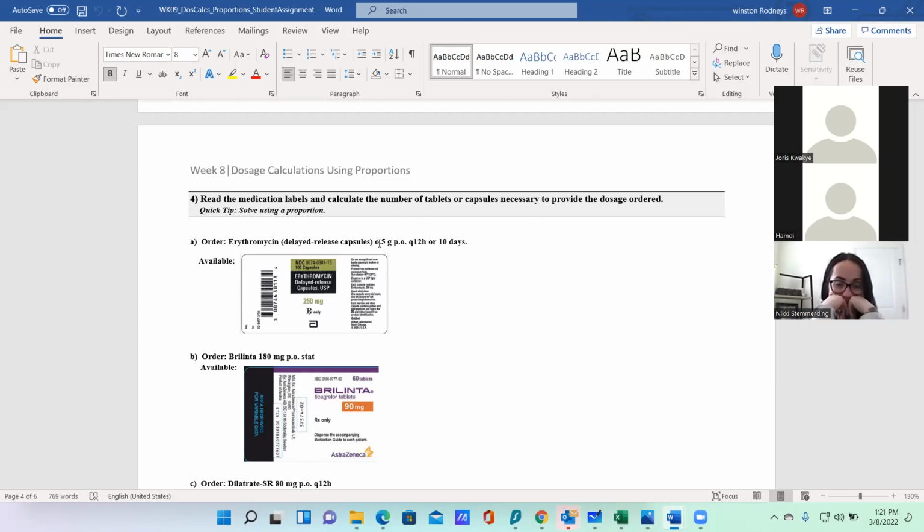So when I see the errors, I can call attention to it. Something like this is supposed to be 0, not O. That's an O. It's 0.5.